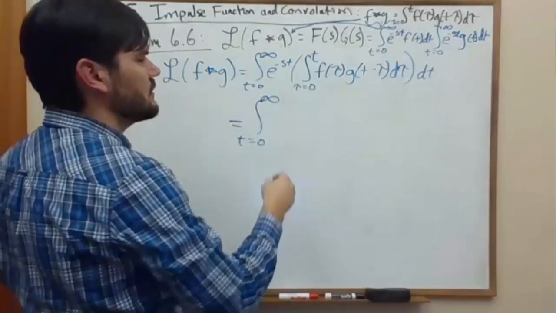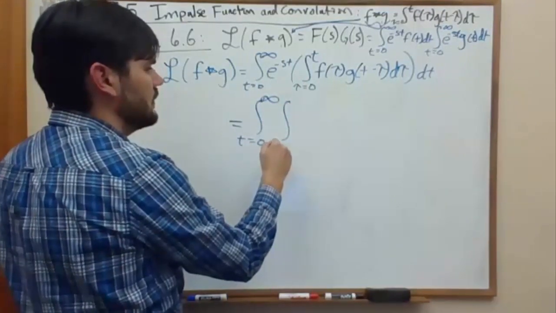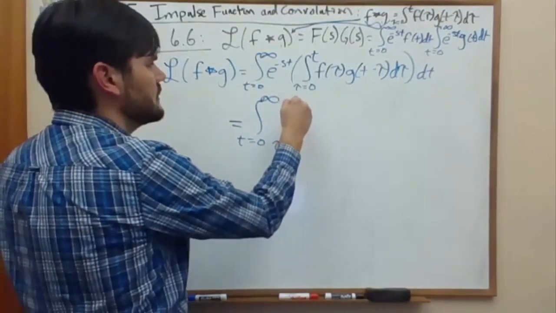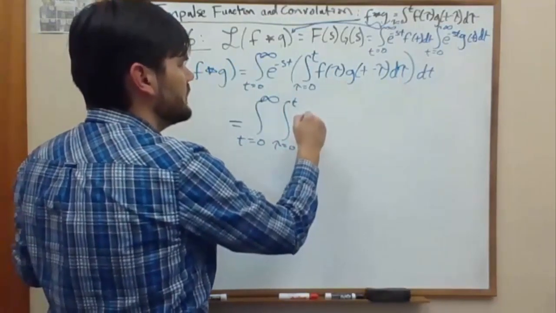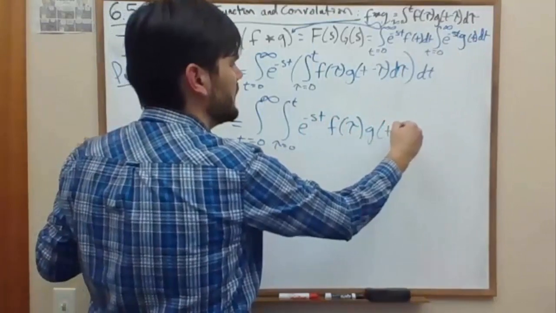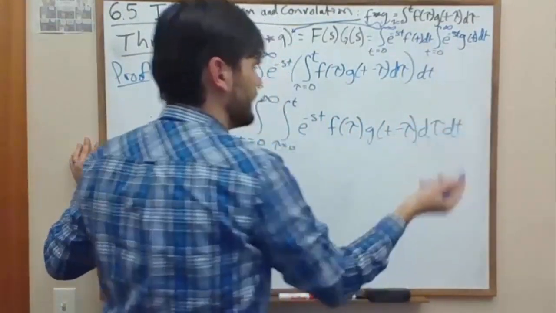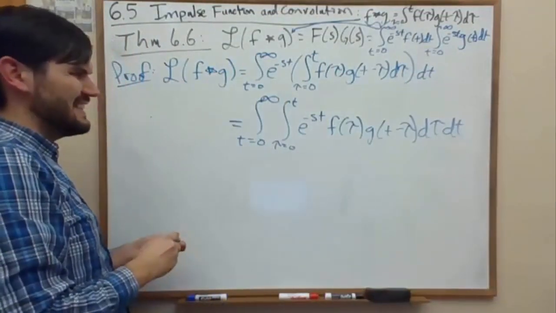If we just stretch out the integration, throw the constant in, we have tau going from 0 up to t, e to the negative st, f of tau, g of t minus tau. It's all just thrown together. Okay, so there's our double integral.